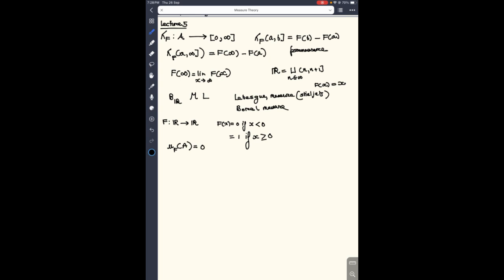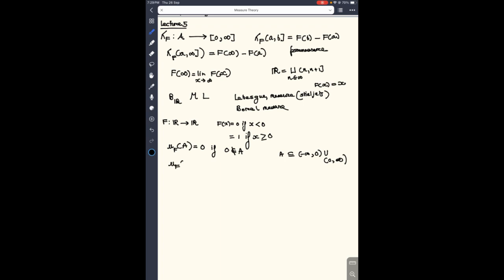We can see it's 0 if 0 does not belong to A. Why? If 0 does not belong to A, then A is a subset of (minus infinity, 0) union (0, infinity). Check that the measure of these two is 0.